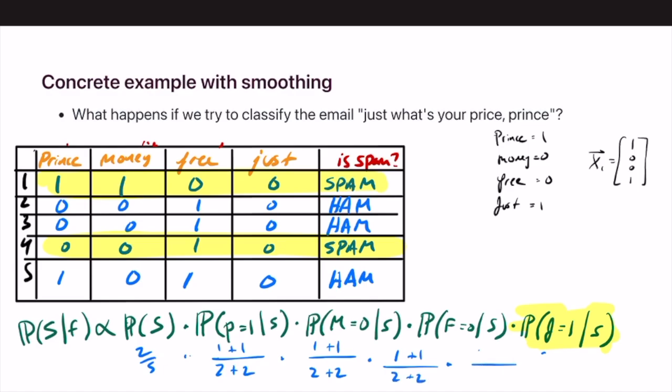This will be 0 + 1 over 2 + 2. And this is going to simplify to 2/5 times 1/2 times 1/2 times 1/2 times 1/4.